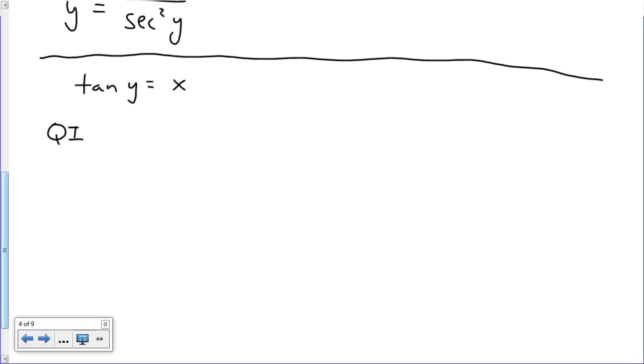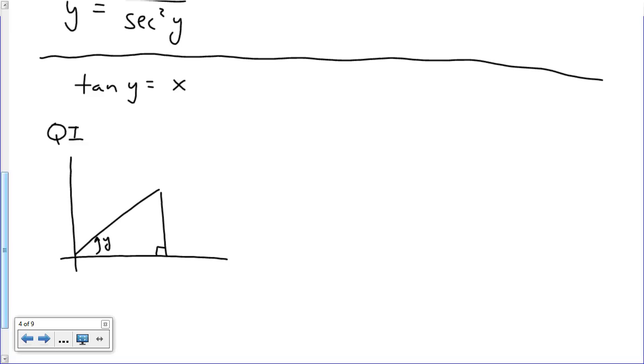In quadrant 1, I should be able to sketch a right triangle that satisfies the tangent of y is equal to x. So my angle here is y, and the tangent of y has to be equal to x. So I need a triangle with opposite and adjacent sides giving me a ratio of x.